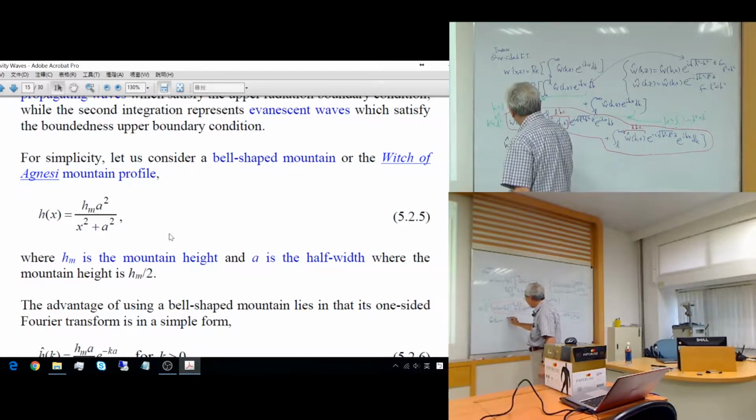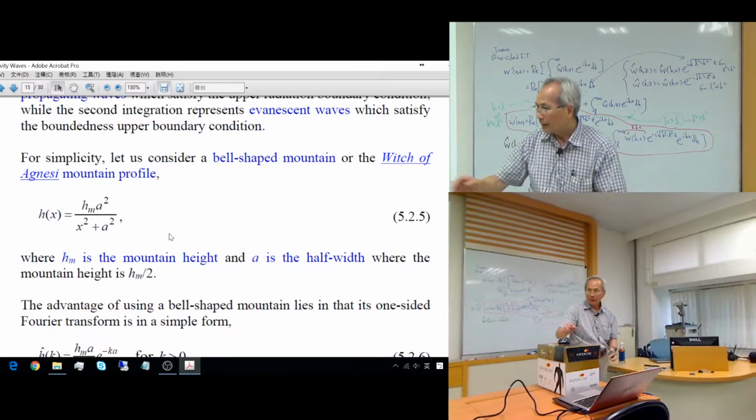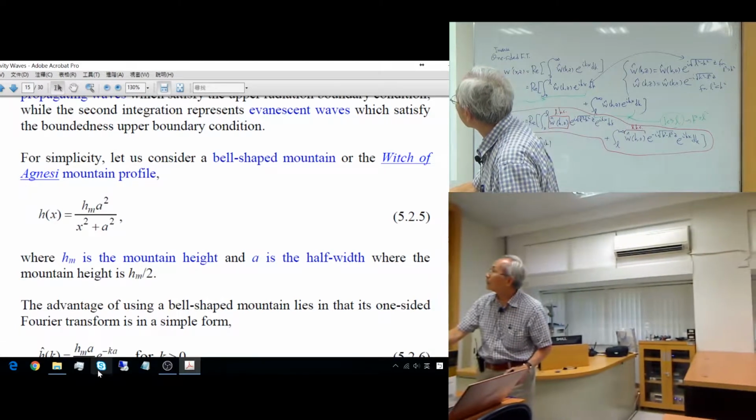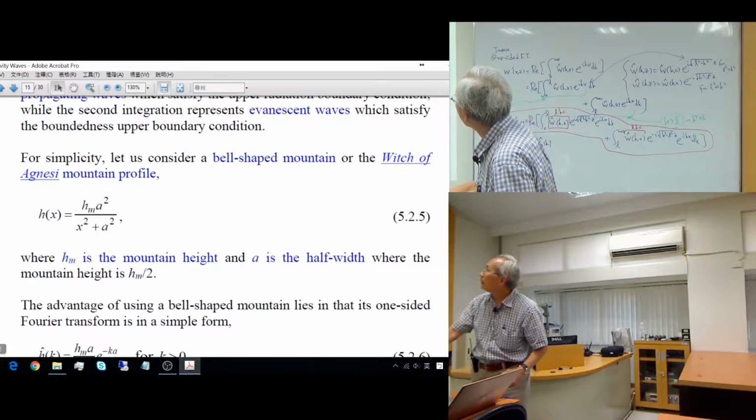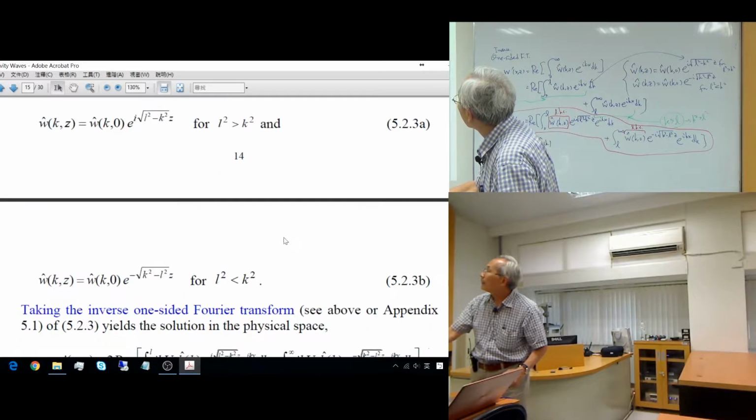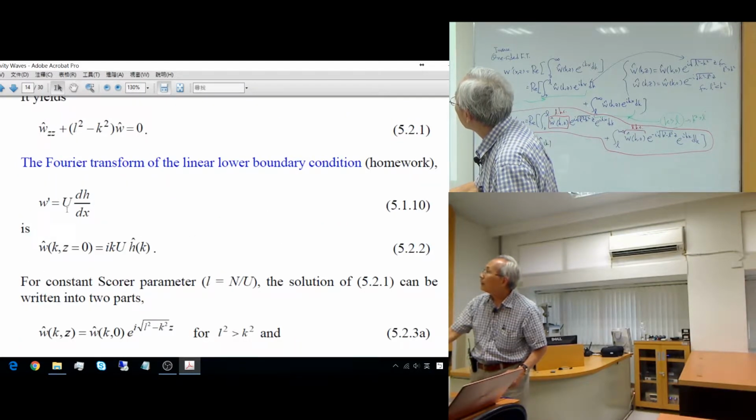I think it's ik times h hat of k. Remember, this is the low boundary condition, that's what we just had. See here, this is the low boundary condition at g equals 0, and then w hat of k, g equals 0, will be ik U h hat.